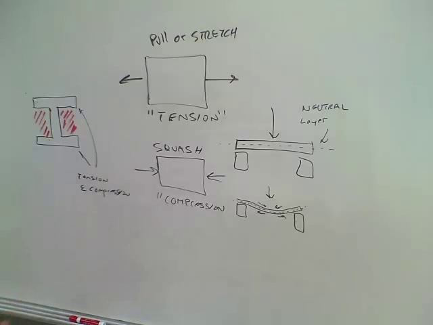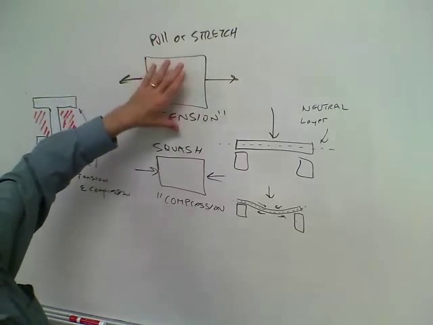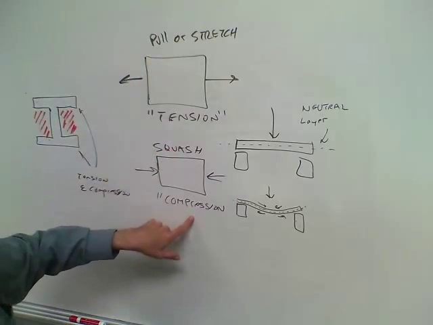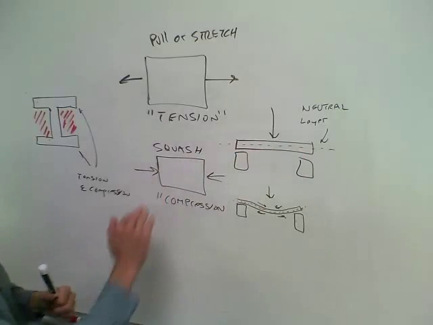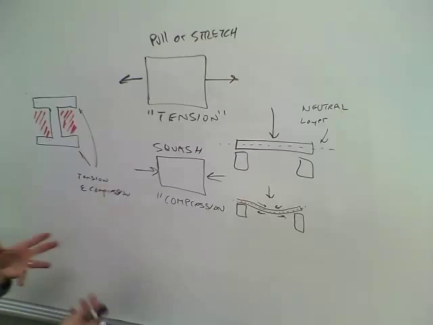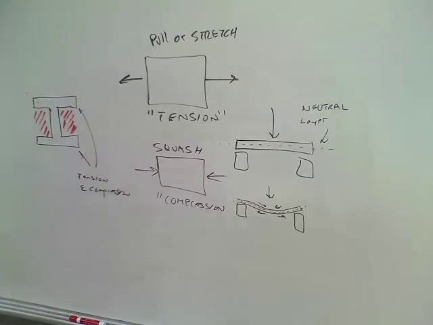And so this is the idea. We can pull or stretch, which is tension, or we can squash, which is compression. There's a part of the material called the neutral layer that doesn't get squashed or stretched, and we take advantage of that concept when we have something like an I-beam.